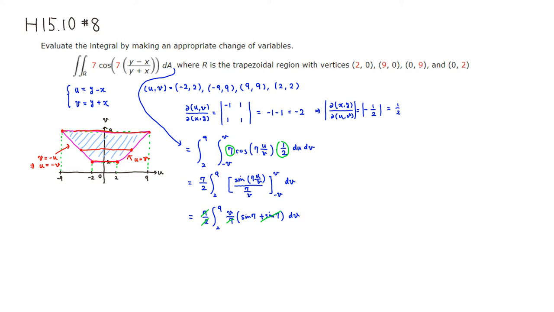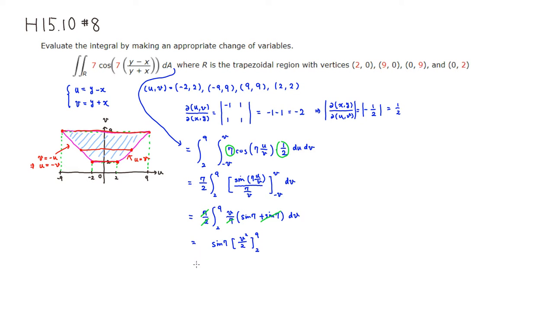So what you get is sine of 7, which is just a number, so I'm just going to put it outside. Then the antiderivative of v with respect to v is v squared over 2, going from 2 to 9.